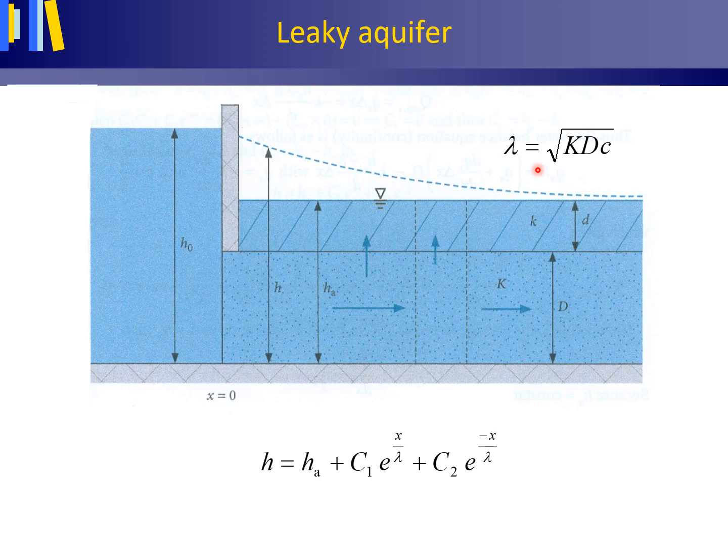In Dutch we call this de spreidingslengte in meter, and lambda is the square root of kd times c. Kd is the transmissivity or kd-waarde of the aquifer, and C is the hydraulic resistance or vertical flow resistance in the overlying confining layer.